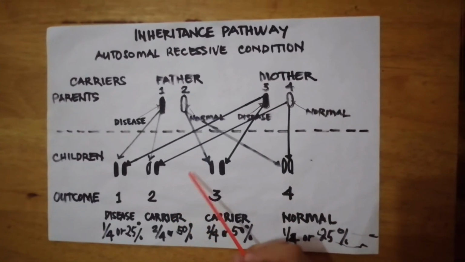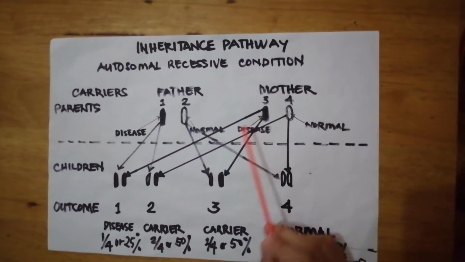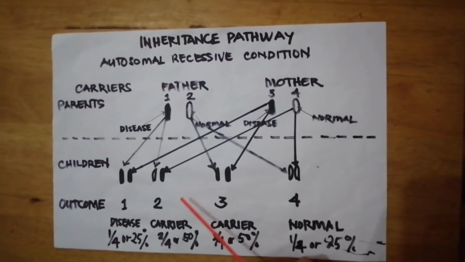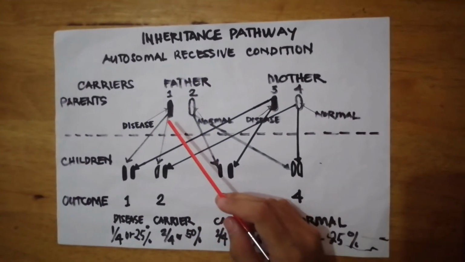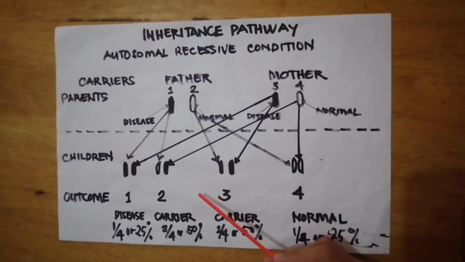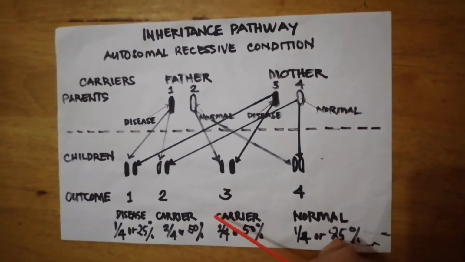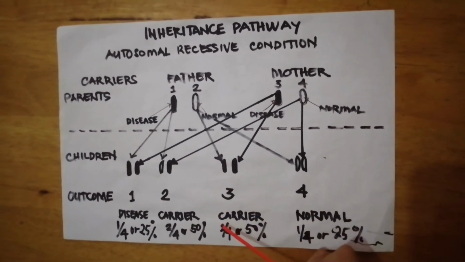Outcome 1 has 2 copies of the disease gene. Therefore, this person would have the disease. Outcome 2 has 1 copy that codes for the disease gene and one normal copy. Therefore, this person is a carrier just like their parents.